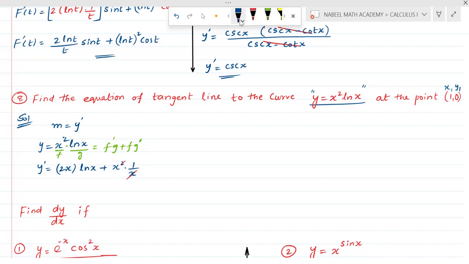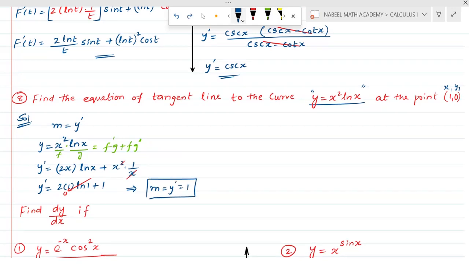Now if I substitute x equals 1, what happens? Y prime is equal to 2 times 1 ln 1 plus 1. Since the ln 1 value is 0, the whole term becomes 0. So y prime, that is m, is equal to 1. I got the m value.